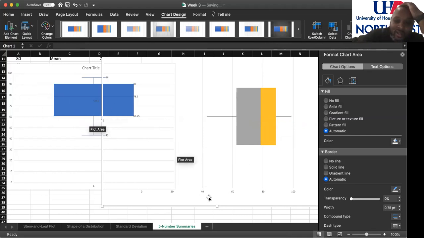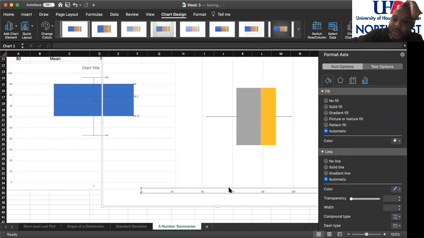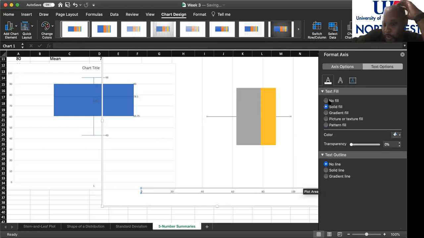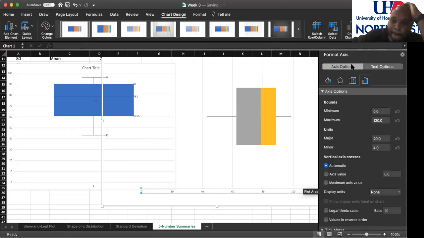So, like, if I don't want to see all of this dead white space out here, if I click on this axis part right here and right click, or click on the axis and go over here to, no, axis options, and then click on this right here. Say you have a minimum value where you can start at.